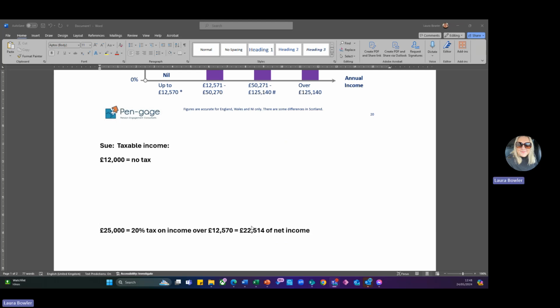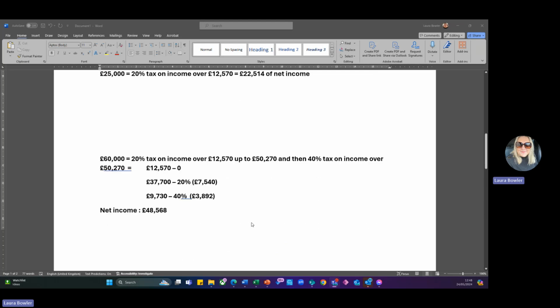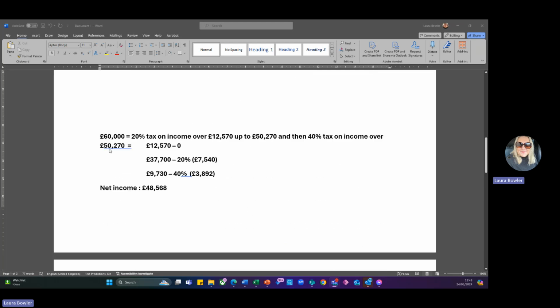Okay. So let's then look at a more complicated example. Sue now earns £60,000 a year. So what we know is that for the first 12,570, there is no tax to deduct.